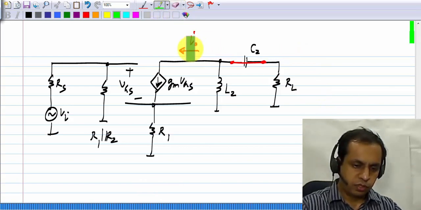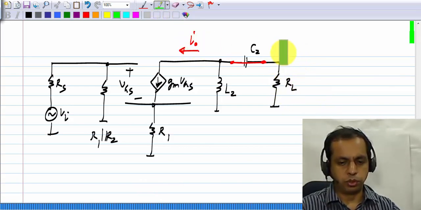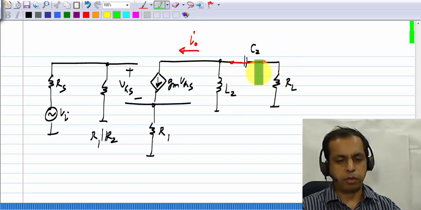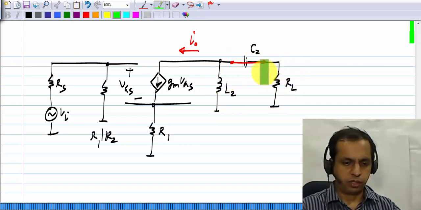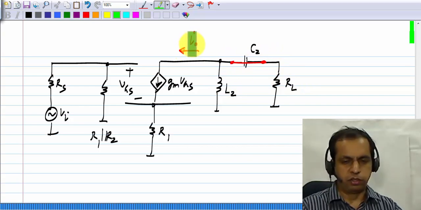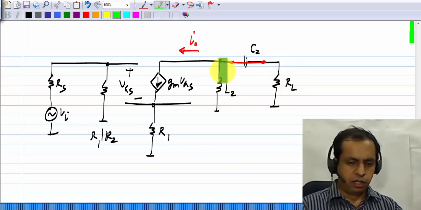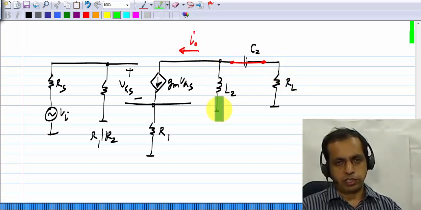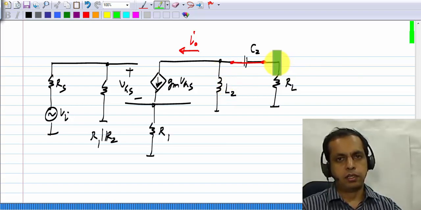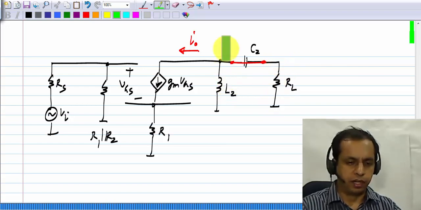Okay. So all of this I0 must go through the load. It shouldn't go into L2. And L2 and RL are in parallel if C2 is assumed to be a short. So how do you make all of I0 or most of I0 go into RL? The reactance of L2 at the signal frequency must be much higher than the resistance RL.